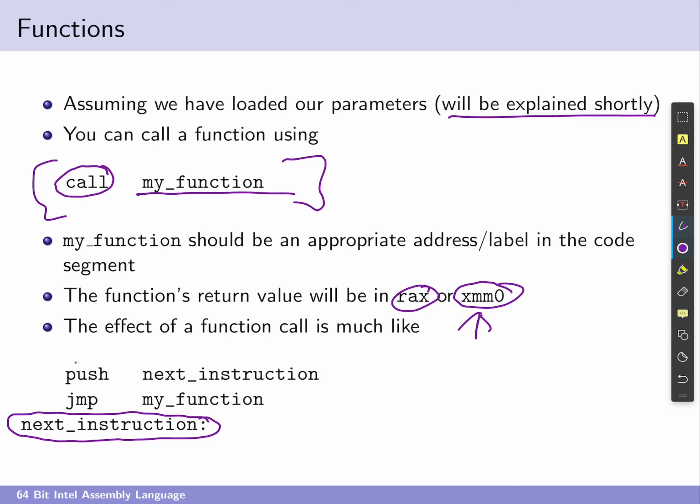Now what I first do is I push that address onto the stack. So basically I'm saving my return address onto the stack, and then I'm simply going to jump to my function location. Obviously I have to do a little bit of extra trickery to get back from that function. However, because of pushing on this next instruction address, I know I have saved and stored securely on my stack the location I need to return to once I'm finished doing my execution.